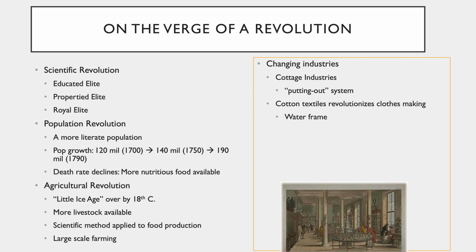Not only is it cheaper, but it's better to dye, better to work with, and it grows quicker than wool would, right? So you're able to make more with a quicker turnaround with cotton, and it quickly replaces wool as the major fabric of the era.